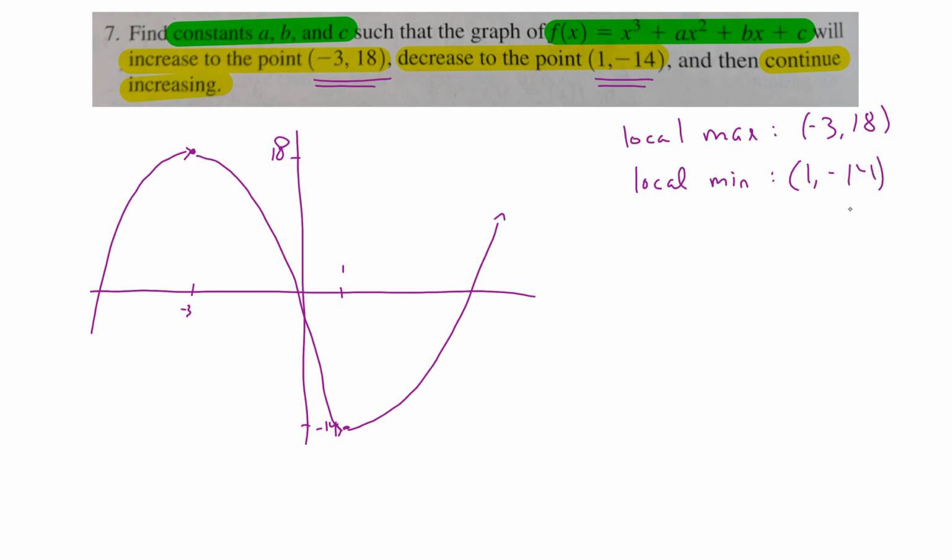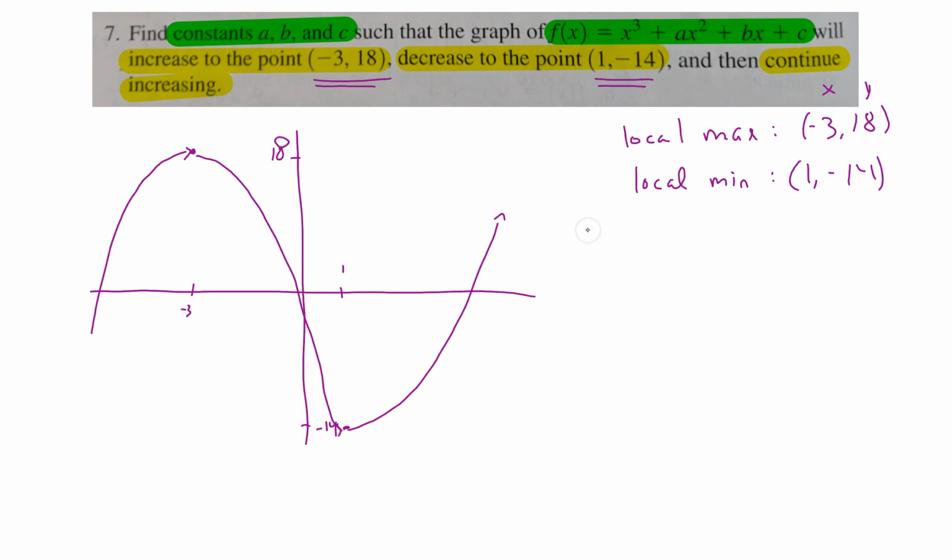Okay, so it increases, decreases, and then increases again. So we know with these points as well, this gives us an x value, and this gives us a y value of our main function f of x. So I'm going to plug those in, and we'll see what it gives us.